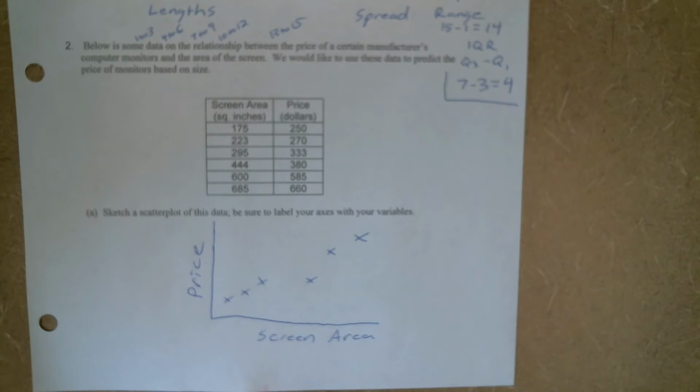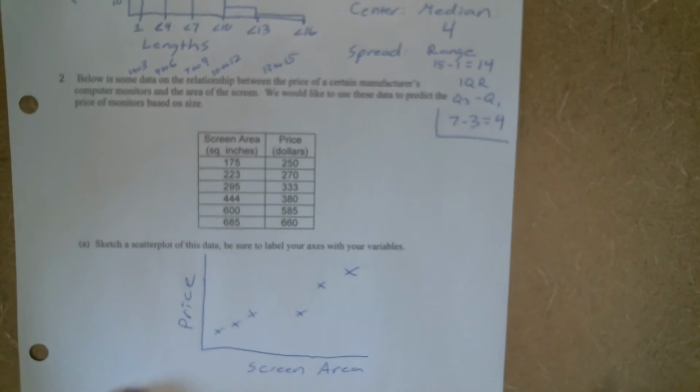All right, so if we continue, it says, use your calculator to find the equation of the least squares regression line. Be sure to define any variables. So you either write the equation with x and y and then let me know what x and y are, or you write the equation with the actual variables that they're giving me.